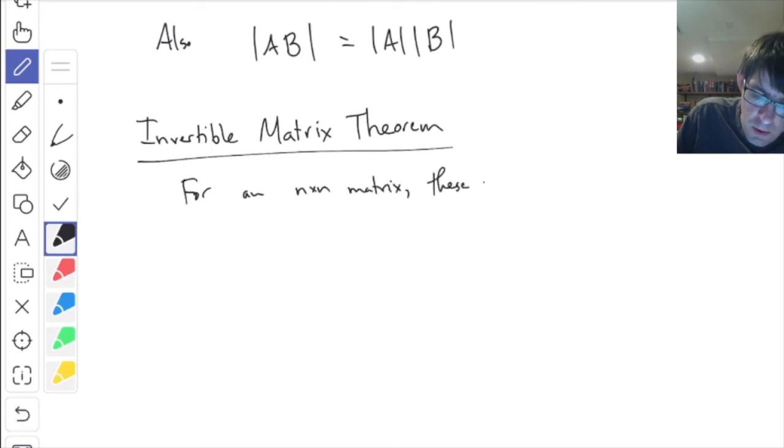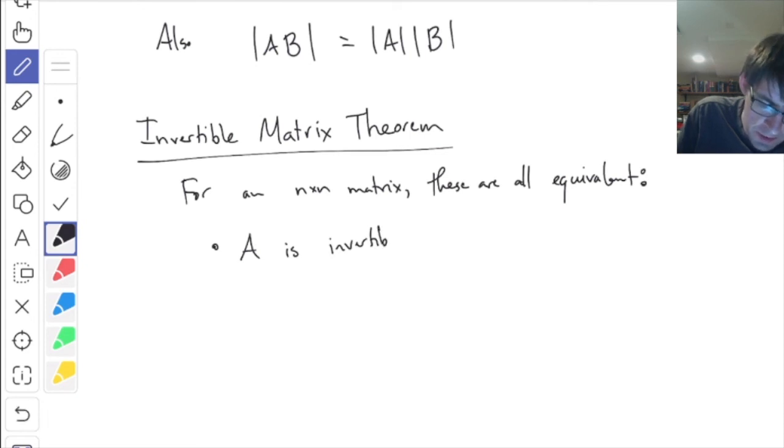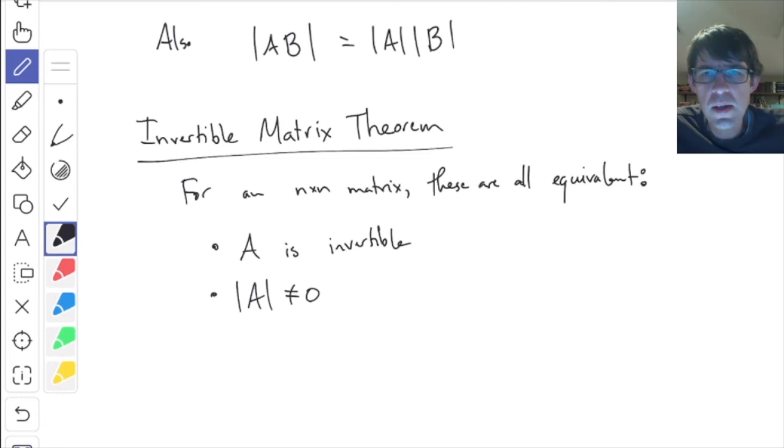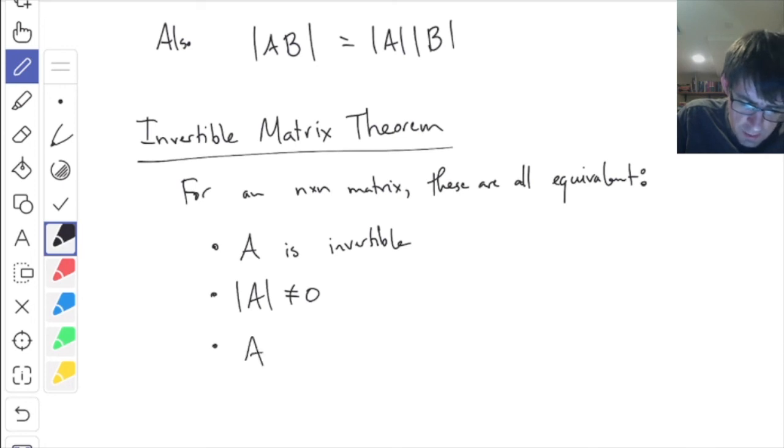These are all equivalent. Everything that I'm about to write is really another way of saying the same thing. One: A is invertible. This is equivalent to saying that the determinant of A is not 0, because I just said that the determinant of A is non-zero if and only if A is invertible. This is also equivalent to saying that A turns into the identity matrix after elimination.